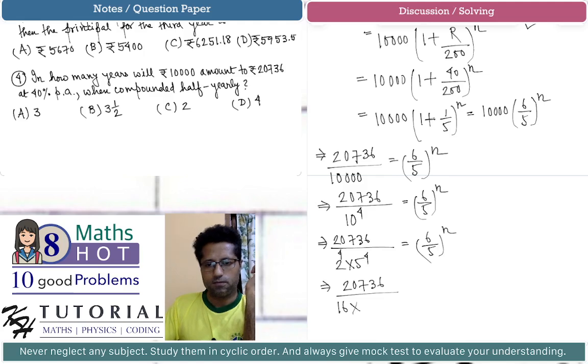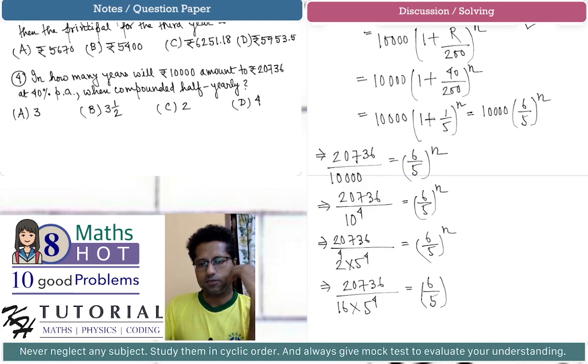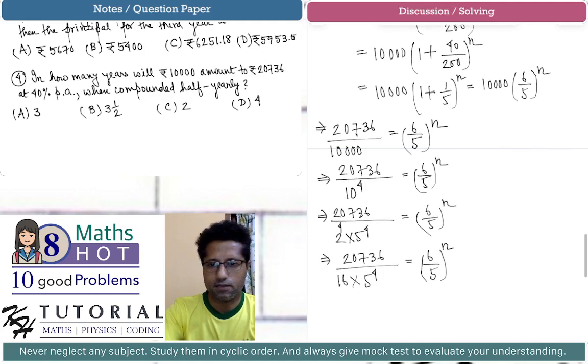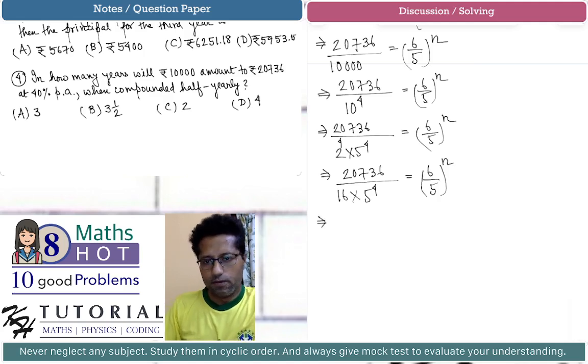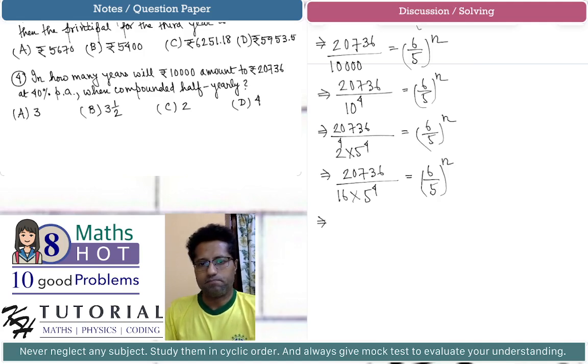We have 16 multiplied by 5 to the power 4. We have to express the left hand side as a power with the base 6 by 5. That is the main objective. Then only we can solve for n. Now if we divide 20,736 by 16, what do we get?